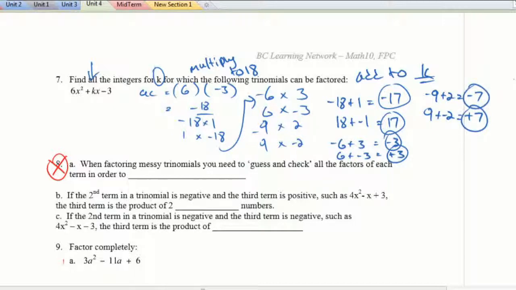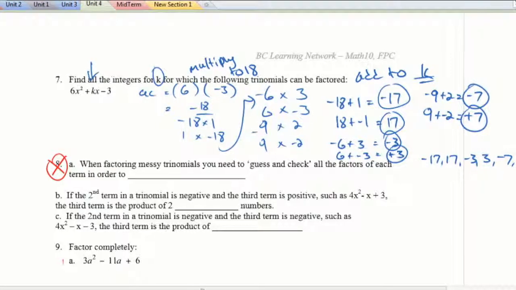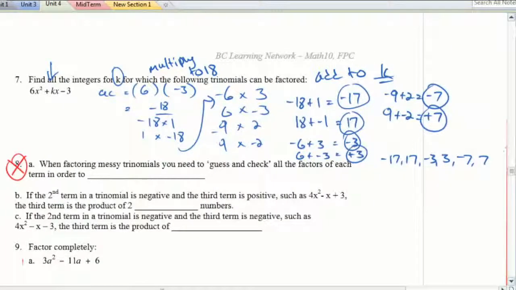So the things that will allow this to be factored are negative 17, 17, negative 3, 3, negative 7, and 7. All of those things, if k was any one of those, we could factor it. If k was any number that wasn't one of these ones in the circle here, that would not be factorable. You just can't do it.